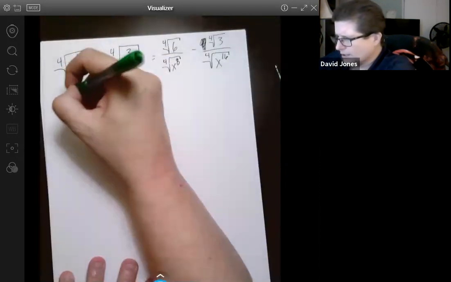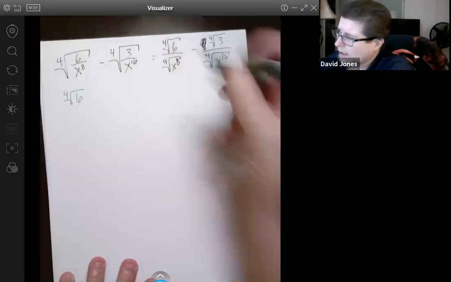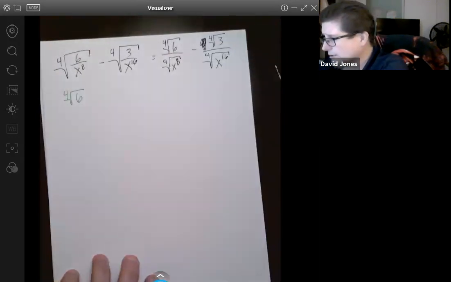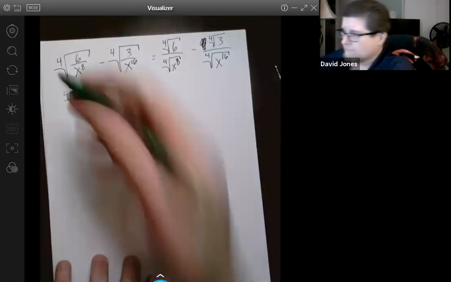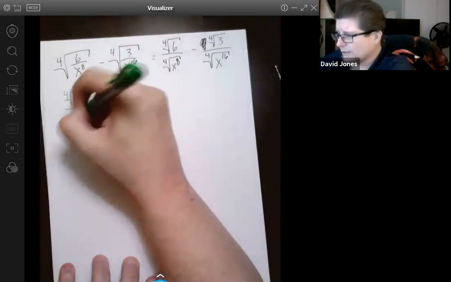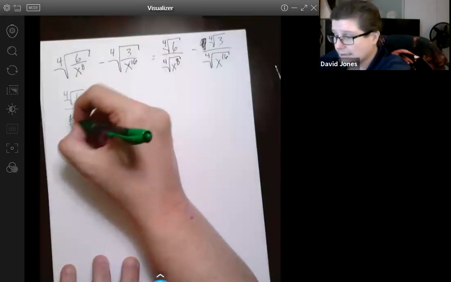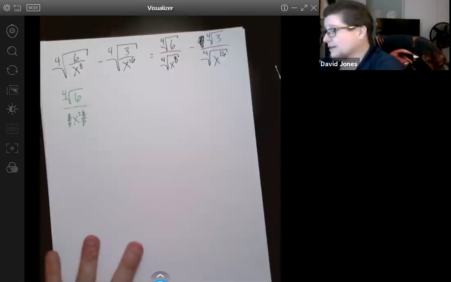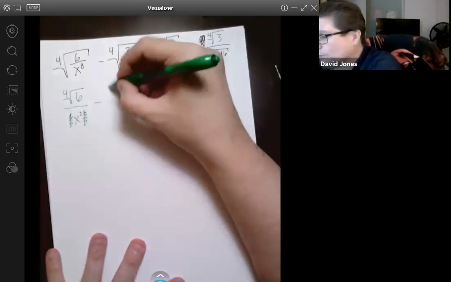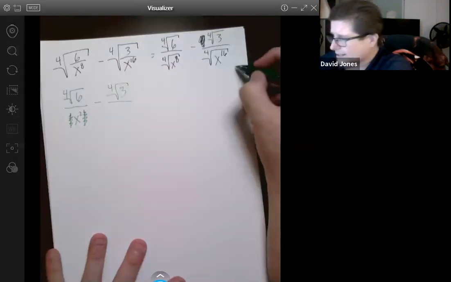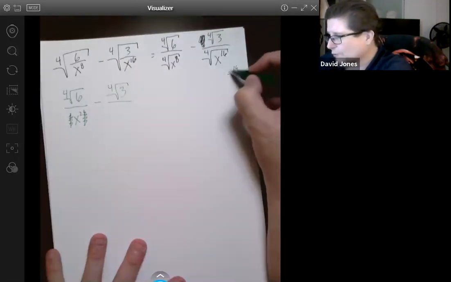And while the numerators are stuck the way they are, x to the 8th and the 4, well, that would be the absolute value of x squared, right? But we don't need the absolute values because it's squared, so I can get rid of that. And then I got the 4th root of x to the 16th, 16 divided by 4 is 4.